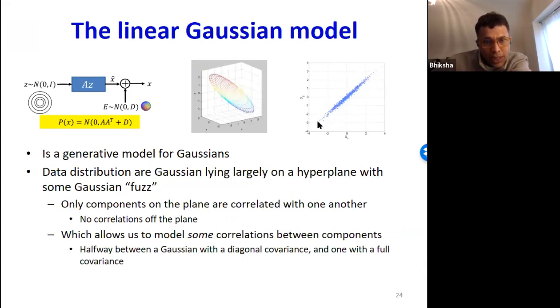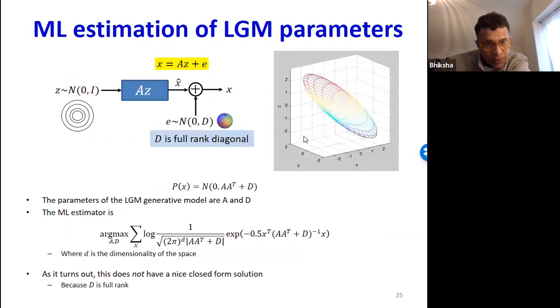And only the components of the data that lie on the principal hyperplane are correlated with one another, which allows us to model some of the correlation between components. So this is something halfway between an uncorrelated Gaussian distribution and something where every component is assumed to be correlated with everything else. But the point is this: the linear Gaussian model, which is a generalization of PCA, models a Gaussian distribution.